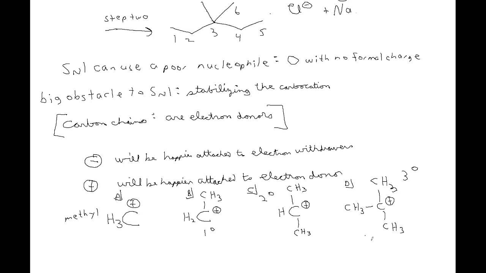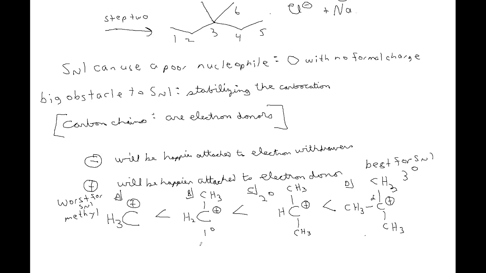Yeah, this would be best for SN1, because a tertiary alpha carbon will form the most stabilized carbocation. So then secondary would be not as good. What type of alpha carbon would be worst for SN1? Methyl. Right. So this would be worst for SN1.